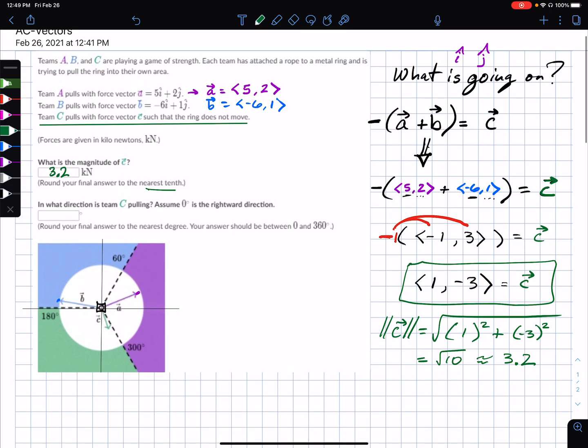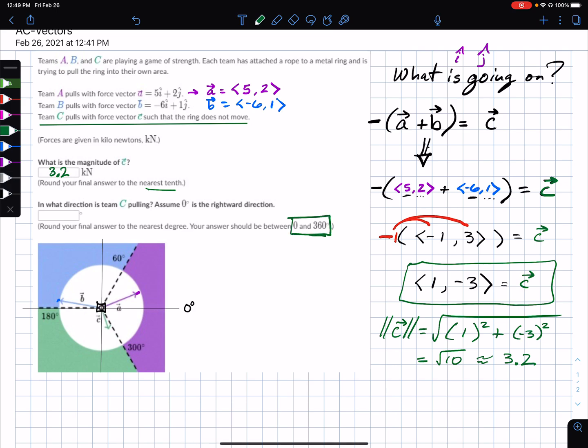Now we have to figure out in what direction team C is pulling. Assume 0 degrees is the rightward direction. So we're used to that. 0 is usually pointed due east or the positive x-axis. Keep in mind we are looking for the overall angle between 0 and 360. That's telling us two things.